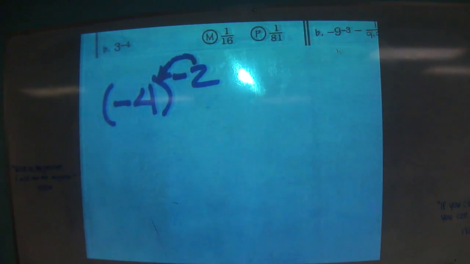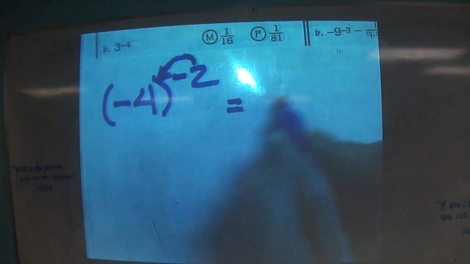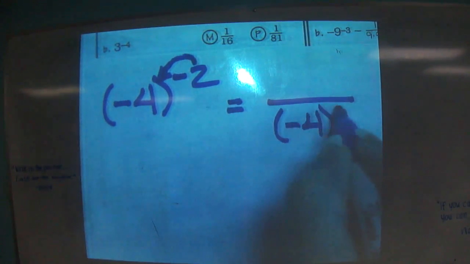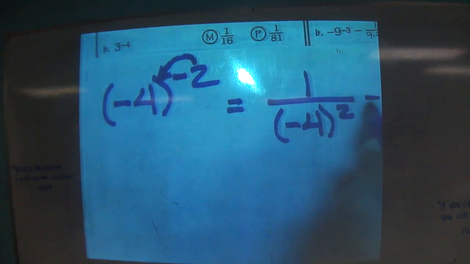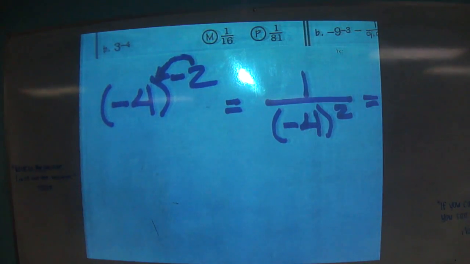What do parentheses do? They put everything together. So, is it happy? No. So where does the negative 4 go? Bottom. So we get 1 over negative 4 squared. What's negative 4 times negative 4? Positive 16. And there's your answer.